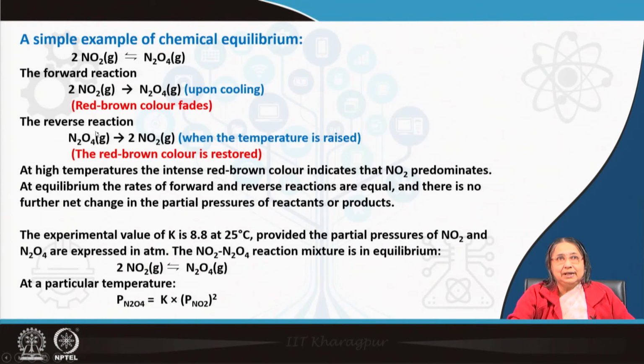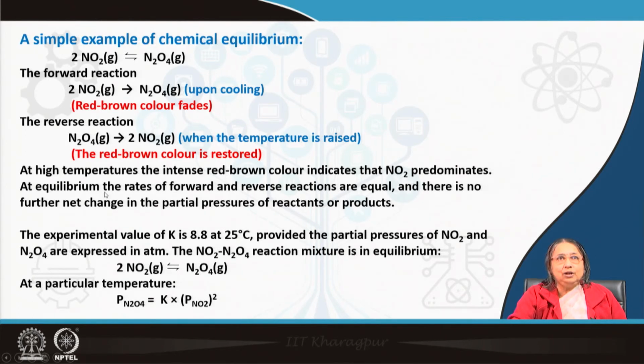Here you see that there is no color and then it goes to NO2, and so the red brown color is restored. You can visualize it, because the two different species have two different colors. That is why you can see it when you do it in a closed vessel and properly maintain the temperature. At high temperatures, the intense red brown color indicates that NO2 predominates.